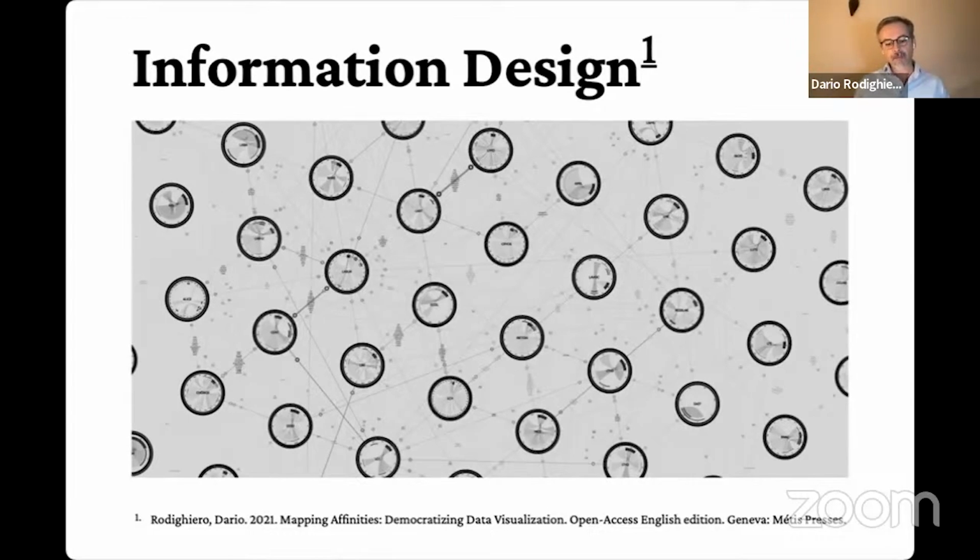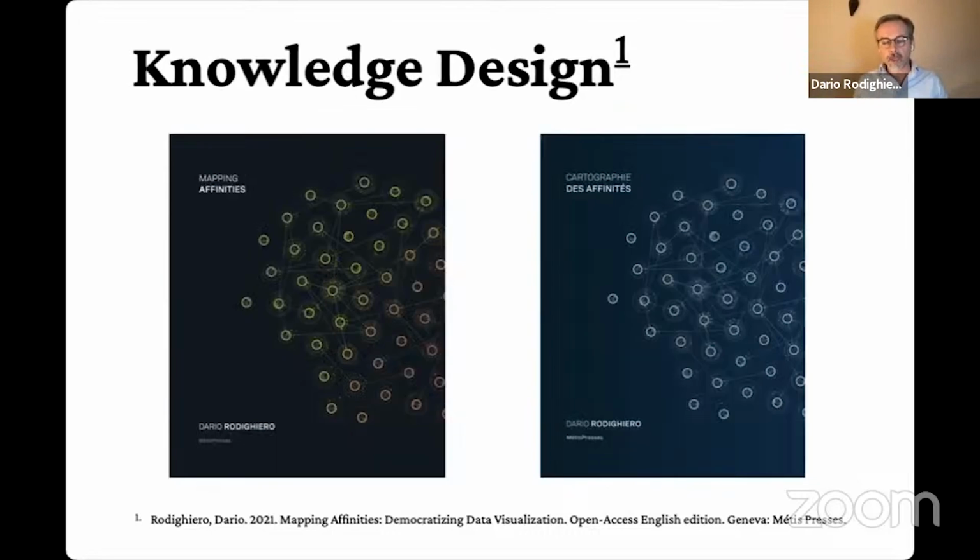After I left UX design and landed on information design, it was a kind of purification of the structure. This is very interesting because with information design, for me at least, you can really shape the information as you want. In this kind of complexity, in this kind of simplification, leaving the interface, I landed on knowledge design.